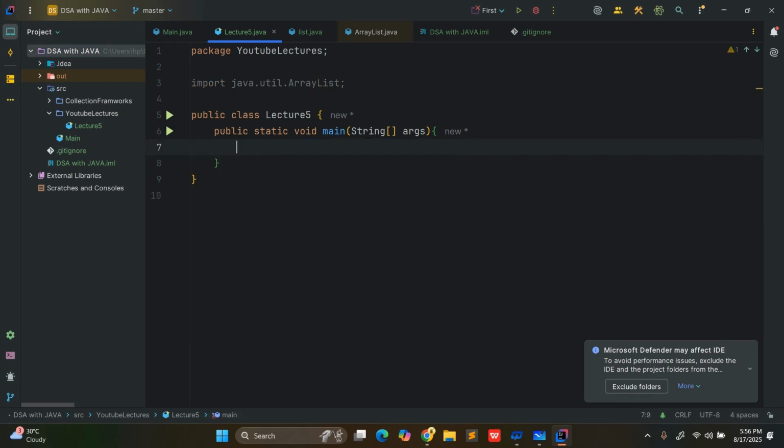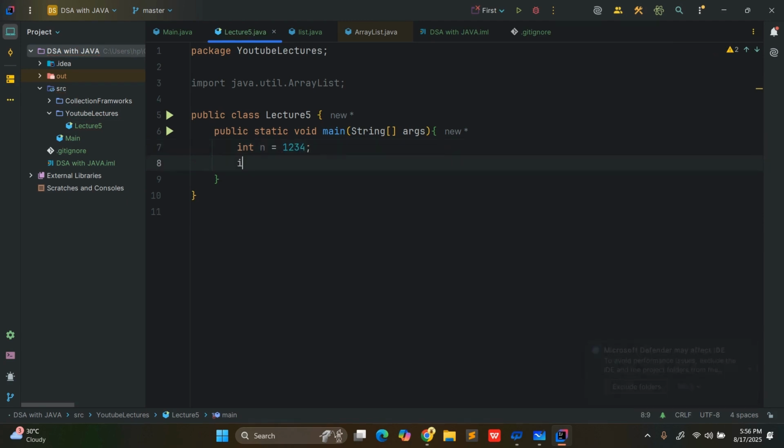So what I can do is take n is equal to something, 1234, and store answer as 0. While n is greater than 0, go on taking the last digit: remainder is equal to n modulo 10.